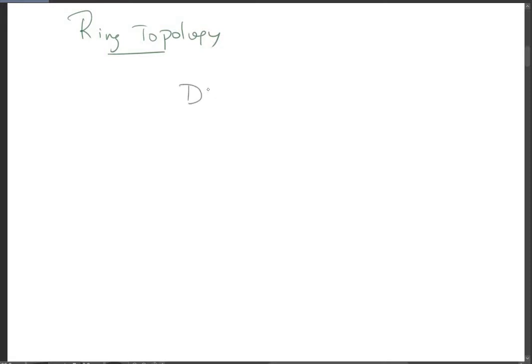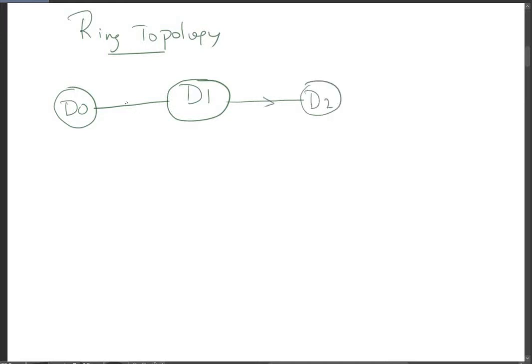Suppose this is a device D1, with a device D0 on this side and the device D2 on this side. So there is a point-to-point connection with both the devices present on either side of D1. This is the physical structure in ring topology.